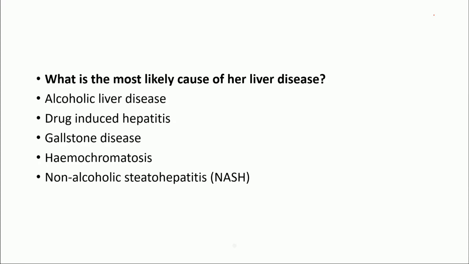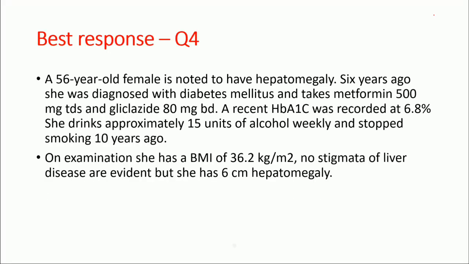Be careful that the patient is drinking alcohol, but it's less than the dangerous limit. So this is possibly NASH, because the patient has diabetes, the patient is obese, and the patient is drinking alcohol, but not a lot of alcohol. So the most likely diagnosis is NASH.